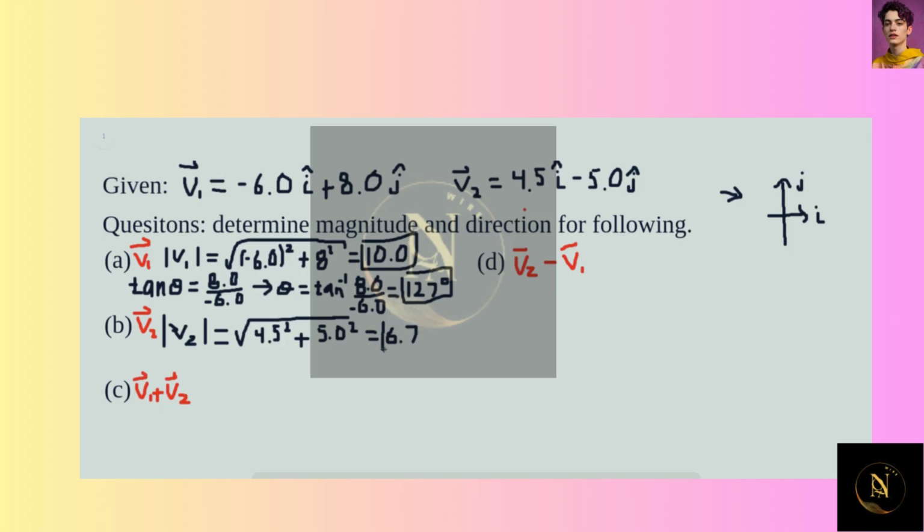Now, we also want to find theta for this scenario, and it's the exact same formula, where theta is equal to the inverse tangent of the opposite over the adjacent. This time the opposite is minus 5, because j is minus 5.